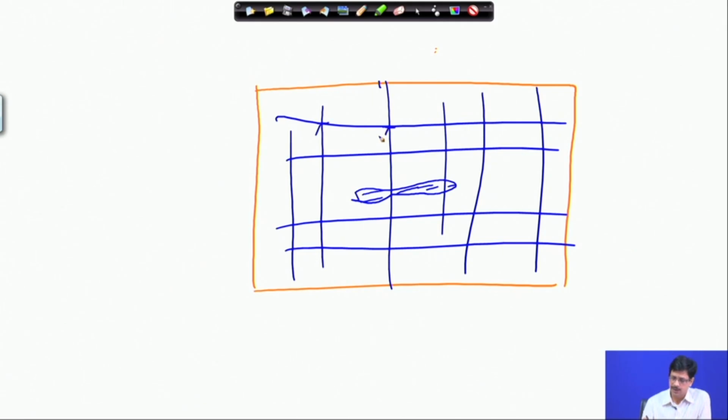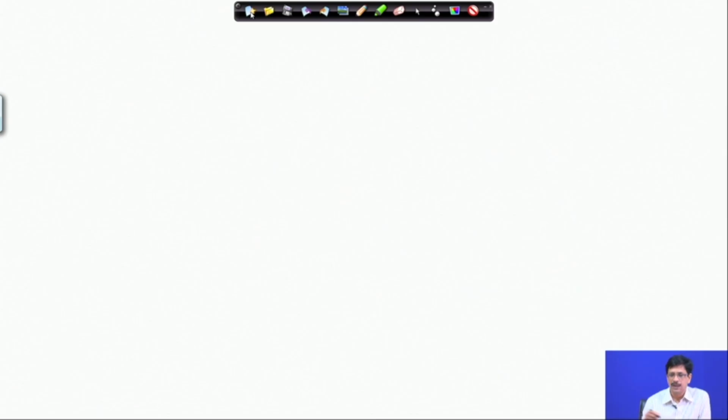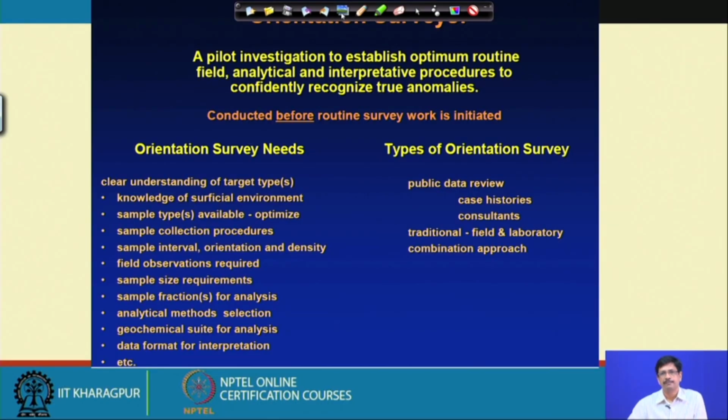If this is the grid on which we are taking the sample, presuming a regular interval, it might so happen that depending on the outcrop, the size, shape or orientation of the hidden ore body, we might even miss the signature of the ore body if the sampling interval is not exactly proper.